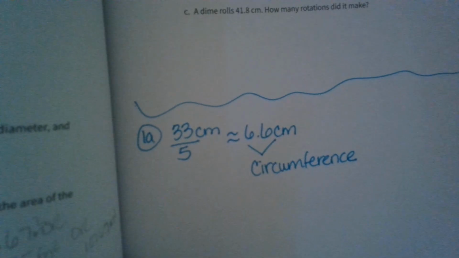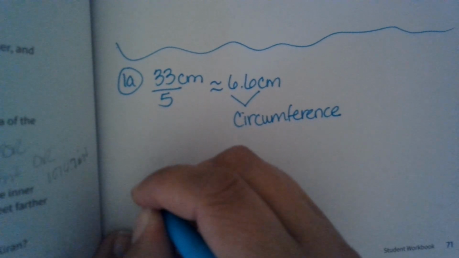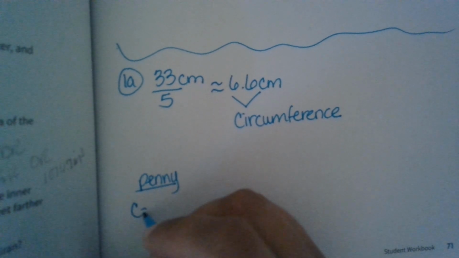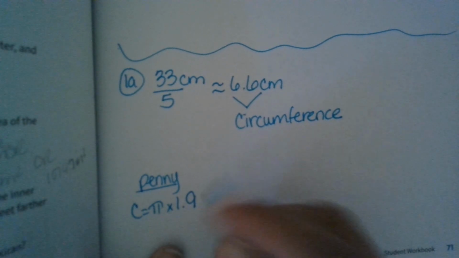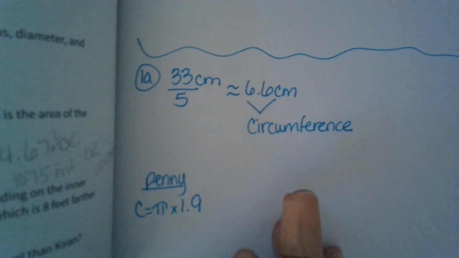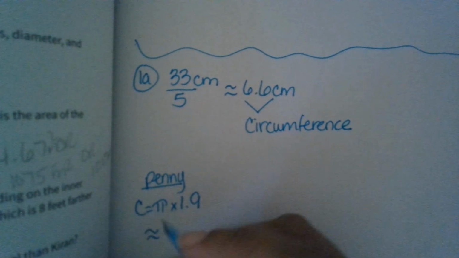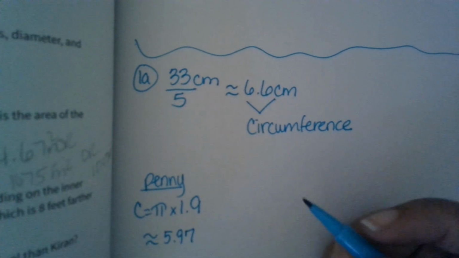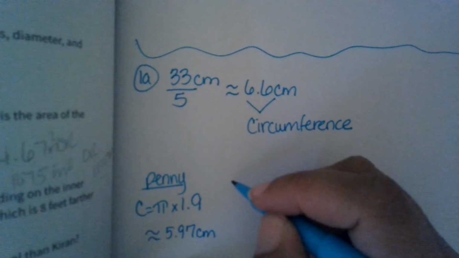So let's start with the penny. If the diameter is 1.9, I'm going to do pi times 1.9. You get about 5.966. Let's do 5.97. All right.